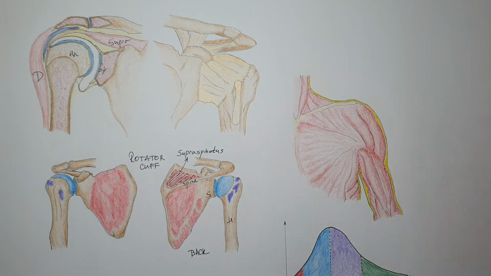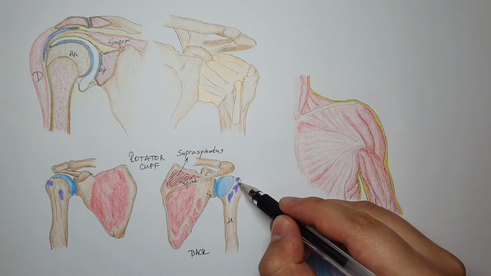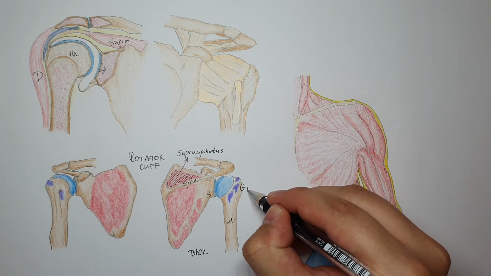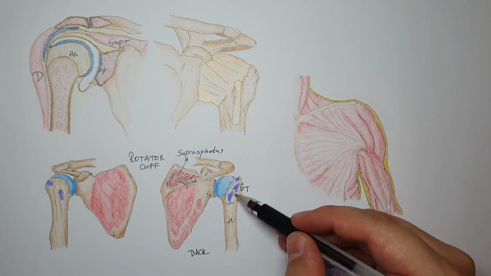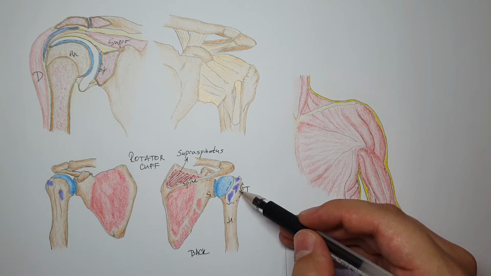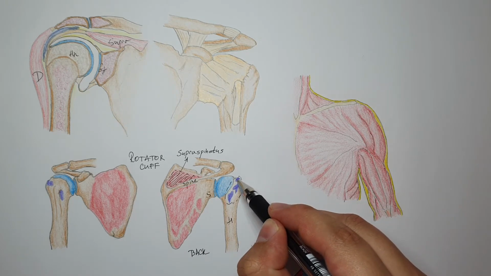The tendon of the muscle goes and attaches on the greater tubercle of the humerus.